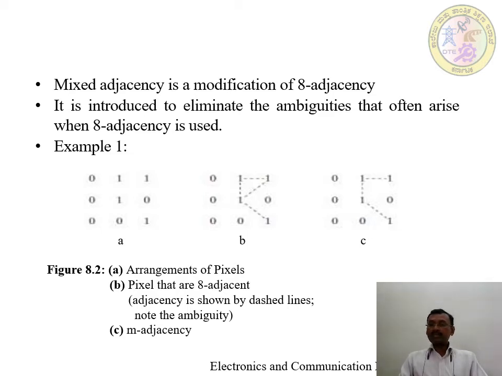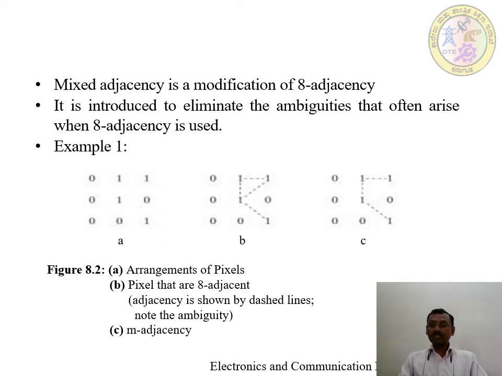So you observe that from the center pixel P with intensity value 1 to the pixel Q with intensity 1, the diagonal pixel, very importantly, to reach from P to Q, from the center pixel to the corner pixel, there are two connectivities. One is the vertical connectivity, then horizontal connectivity. The second one is the diagonal connectivity. That means from P to Q, multiple paths exist. Therefore, this ambiguity we have to eliminate.